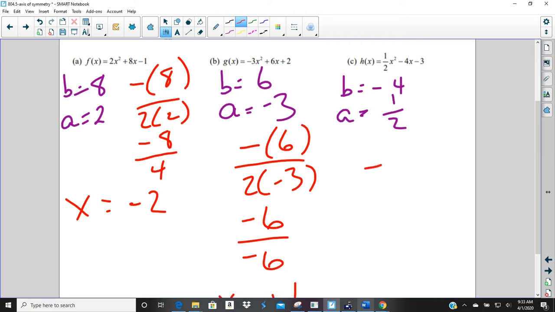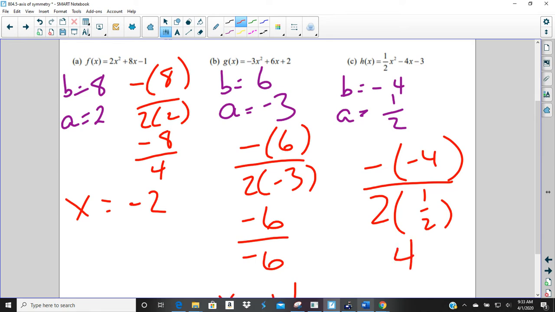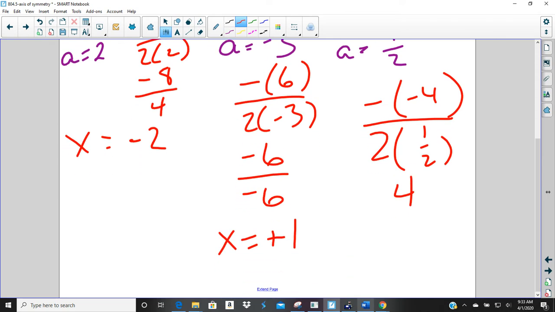The formula is negative b, which is -4, over 2 times 1/2. Well, I know negative times negative is positive, so I'm left with 4 over, 2 times 1/2 is just 1. So my axis of symmetry in this case is x equals 4.